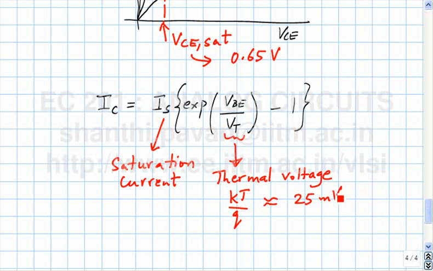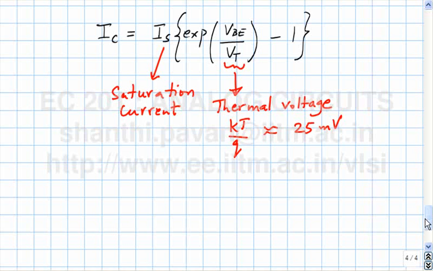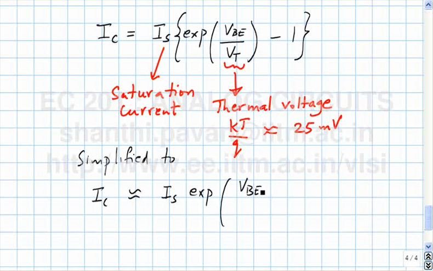Exponential is of course e to the power of VBE by VT. Again, this is often simplified to IC is approximately IS exponential VBE by VT.